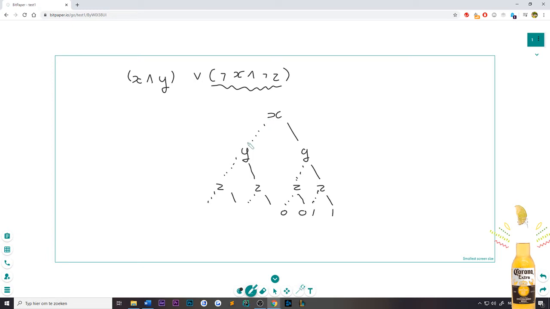If we have not x, then this is true, but then we also need not z. This is what the tree is going to look like. Reduction steps are important for the exam. The first step is C1. So have the 0 here, have the 1 here, and this one's going to go to 1.